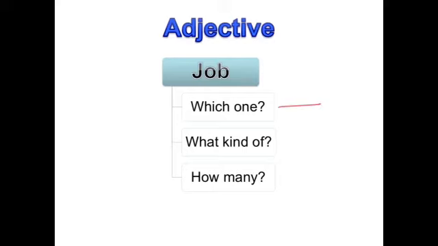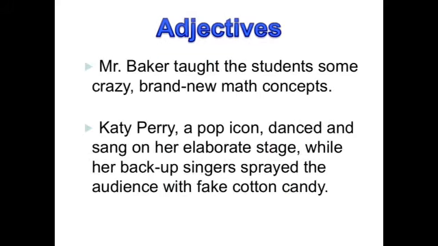So it's going to tell you which one, this monkey or that monkey, what kind of monkey, a big monkey, small monkey, angry monkey, or it can tell you how many, 12 monkeys, many monkeys, a few monkeys. And those are all going to be the jobs, to answer those questions.